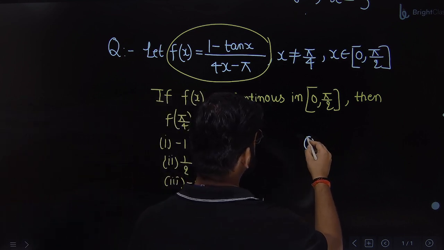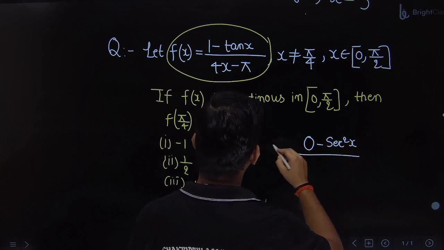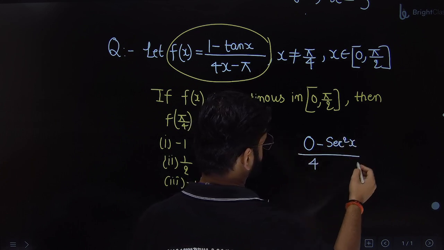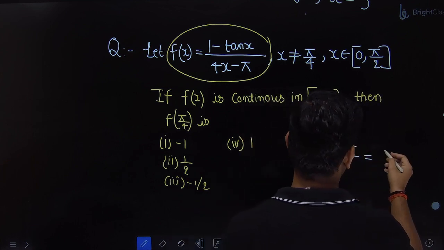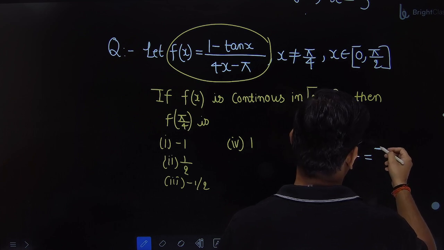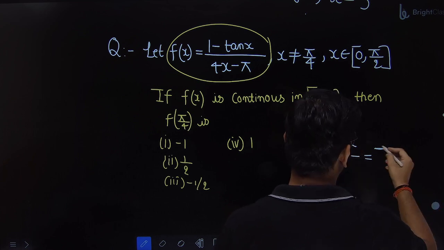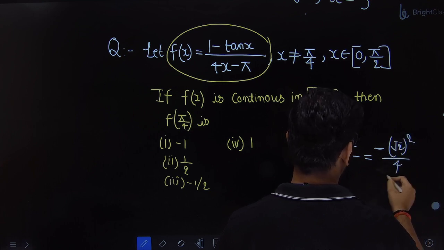Differentiate. 1 is 0, tan is secant square x. 4x will be 4. Put the value of secant square x. So this is how much? Minus secant pi by 4 is how much? Root 2. So -1 by 2.